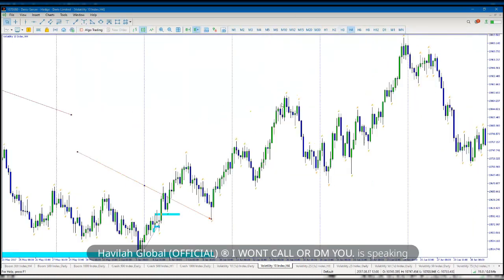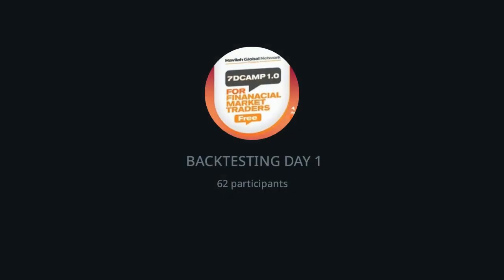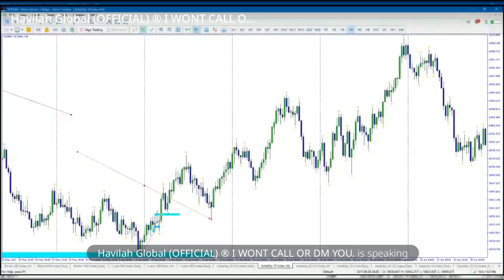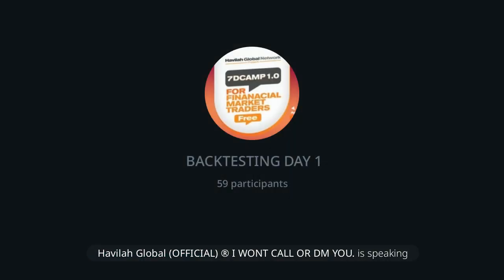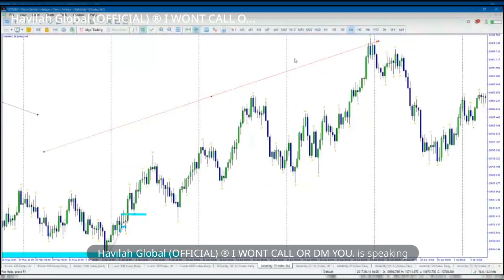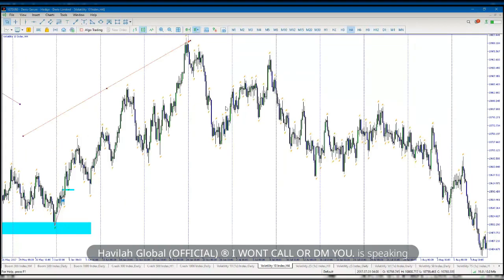So price came back, created another high, low, high, low, and then came up. Remember, you secured a position from here.